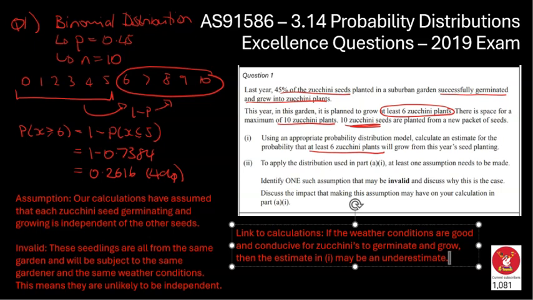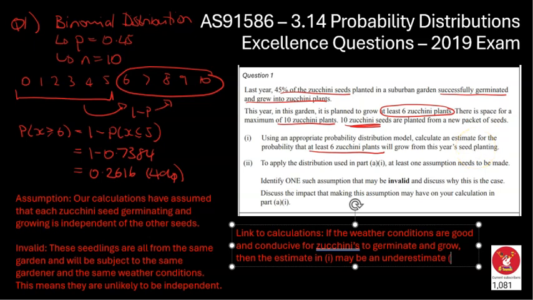So that's my link. The fact I've said it's an underestimate, that's my link to the calculation. So if the weather's really, really good, I know the number I've calculated here is probably going to be on the lower side, and the actual probability of getting 6 or more might be a bit higher.